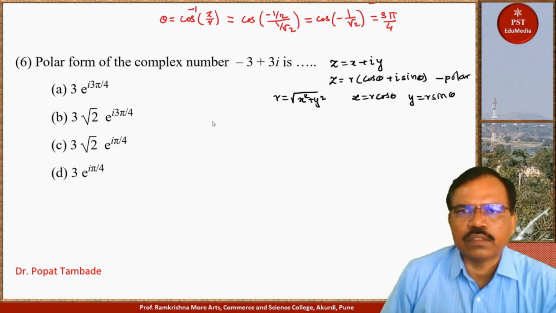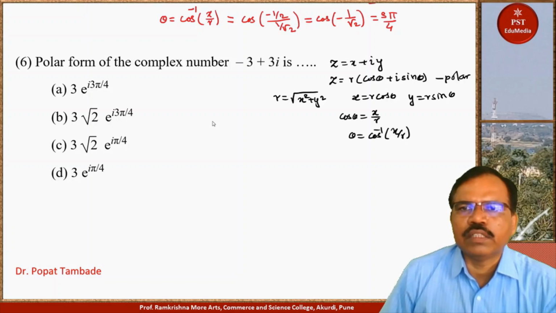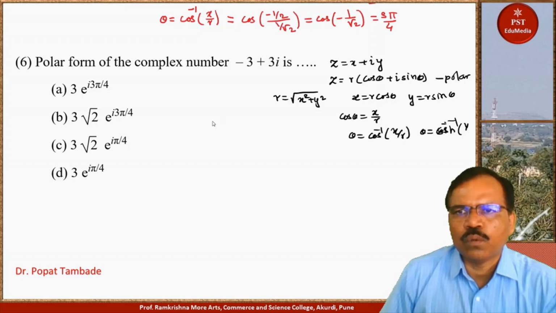So cos theta is equal to x by r. So theta is equal to cos inverse x by r, or theta is equal to sin inverse y by r, or you can write theta is equal to tan inverse y by x also.